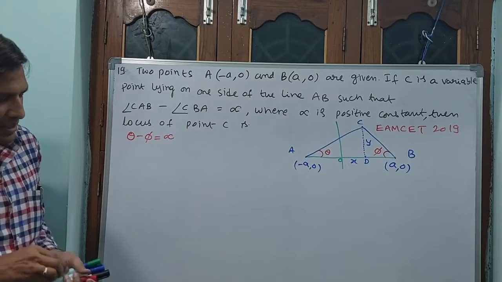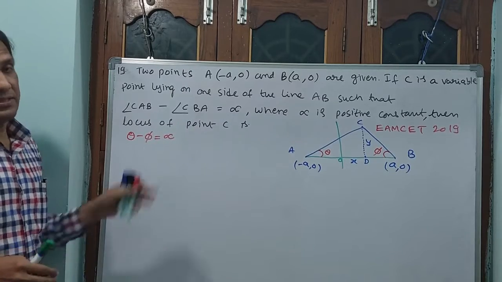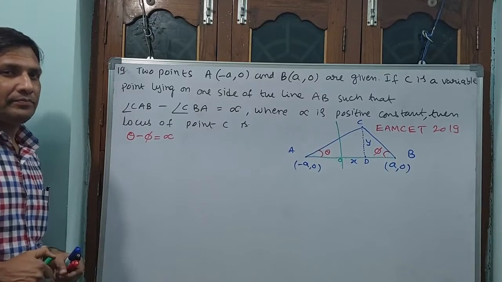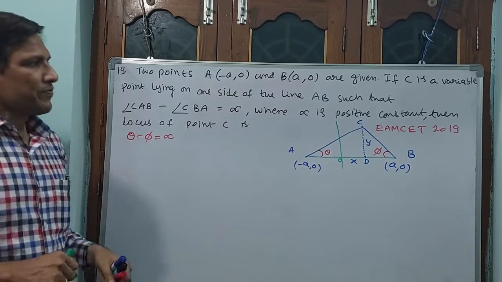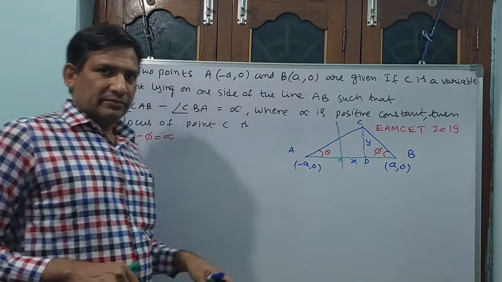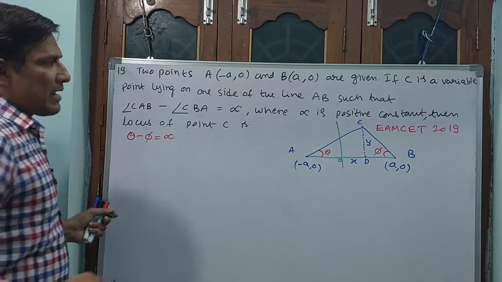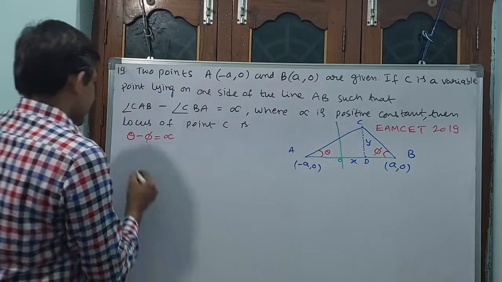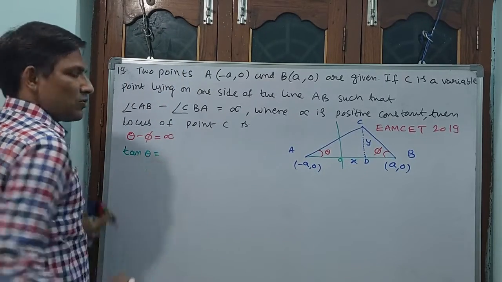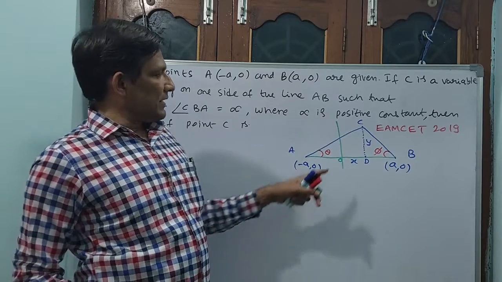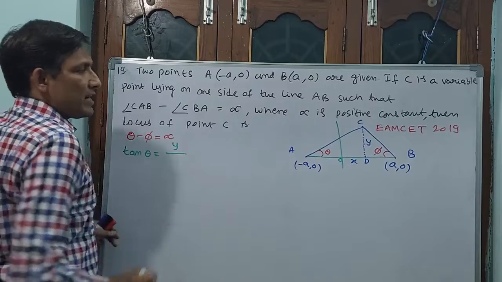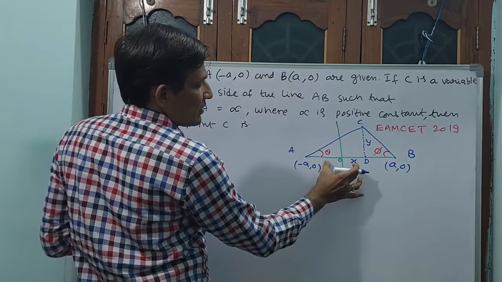Now, how to come to this question? What we can say? Locus. We do one thing. Tan theta, tan phi we will take. Tan theta is equal to opposite side by adjacent side. Opposite side is y, divided by adjacent side, what is it?